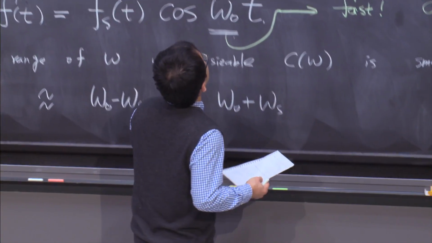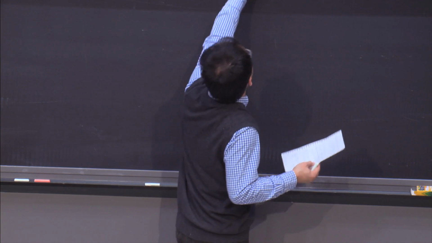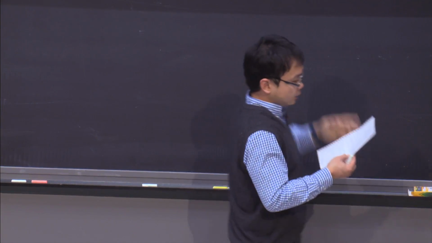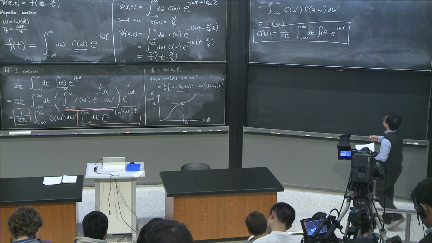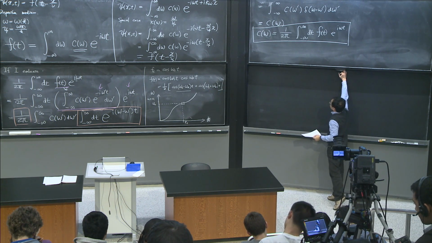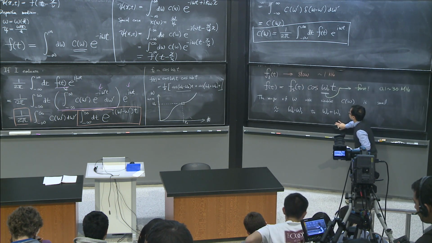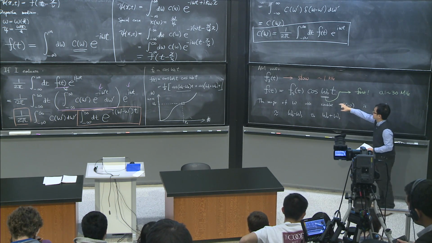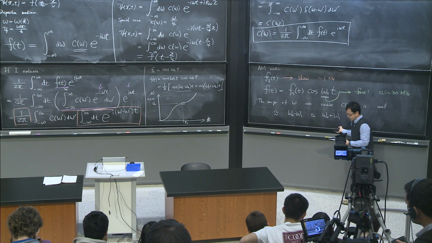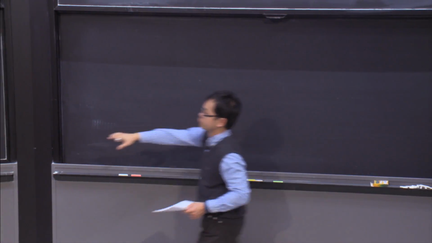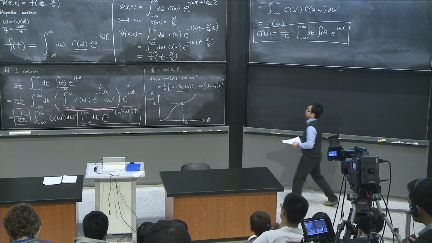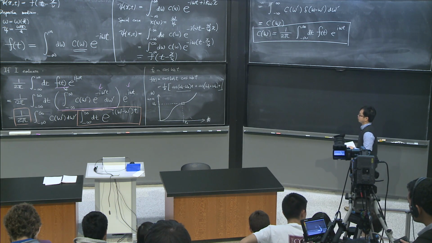Okay? So with that given, suppose now I have a large difference between omega s and omega 0, then I can focus on a very small range in this dispersion relation diagram.